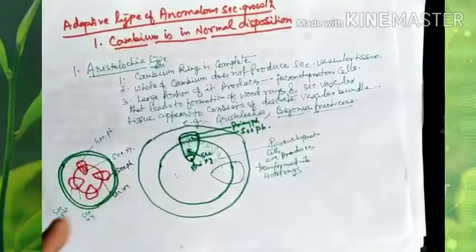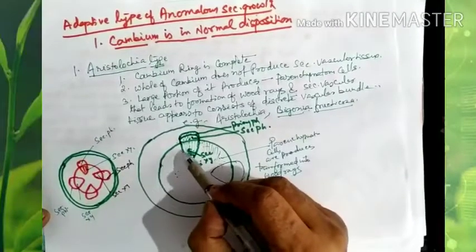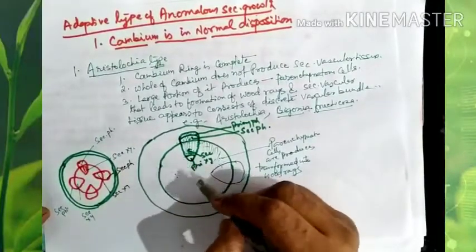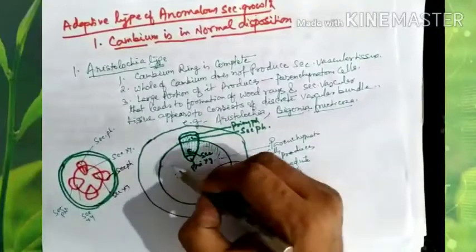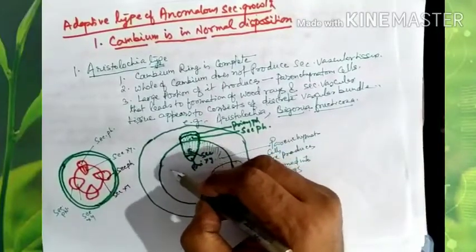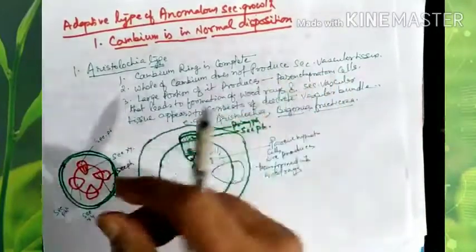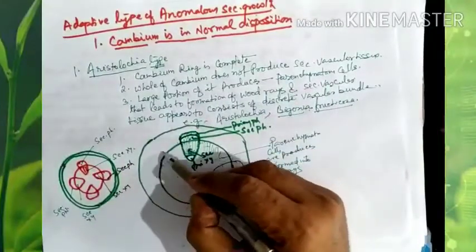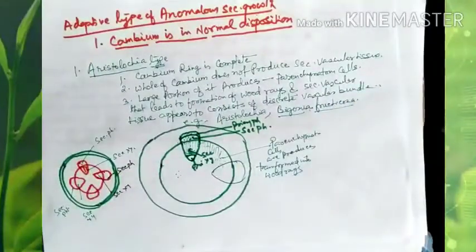But here, exceptionally, in between the vascular bundles, the new secondary tissues are not formed, meaning secondary xylem or secondary phloem is not formed there.